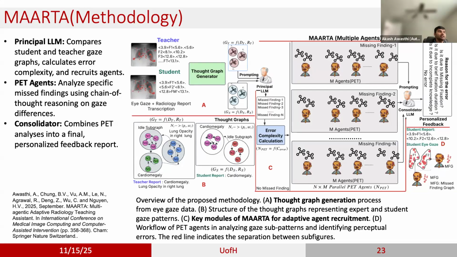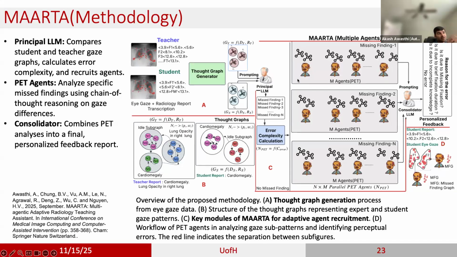Yeah. So, answering your first question about the subparts of data: you can see that the thought graph is multiple subgraphs, and each subgraph represents one thought, and that's one abnormality. So let's consider lung opacity is missed.